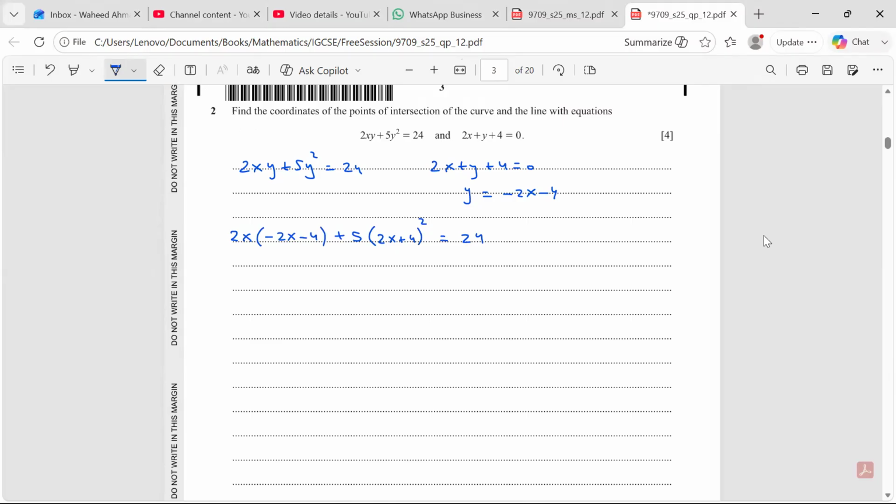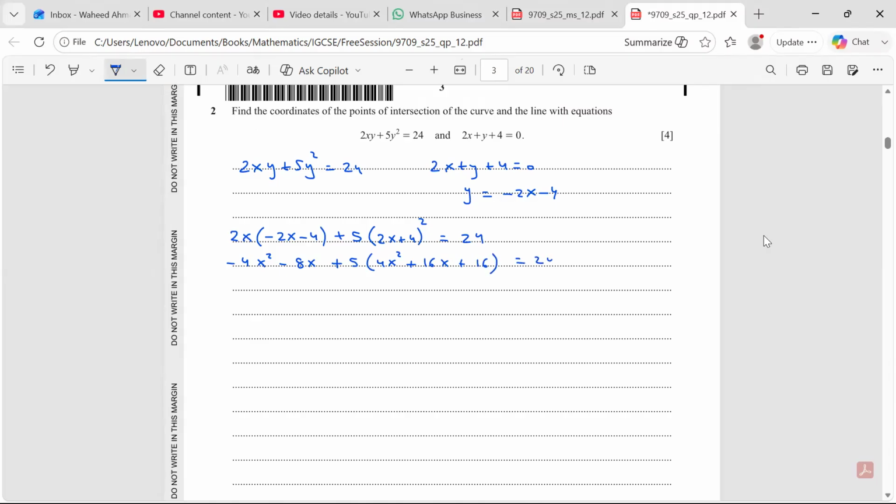So this will become minus 4x squared and minus 8x, okay, plus 5, and let's open this square. This is going to be 4x squared plus 16x plus 16, am I right?